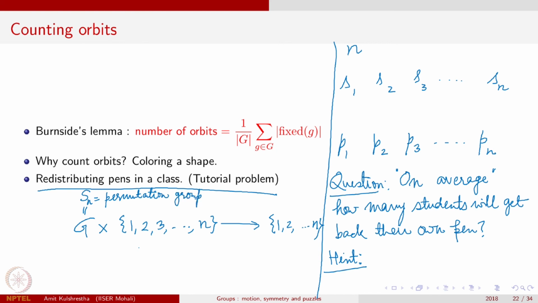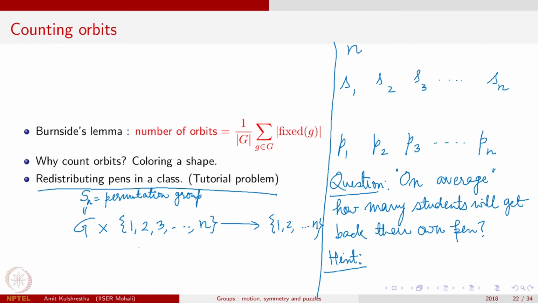What is the permutation group? I said in the last lecture that you have n distinct points, you permute them, and once again you permute them. What you get is again a permutation of the original objects. So, if you collect all n factorial possibilities of all possible permutations, it forms a group.